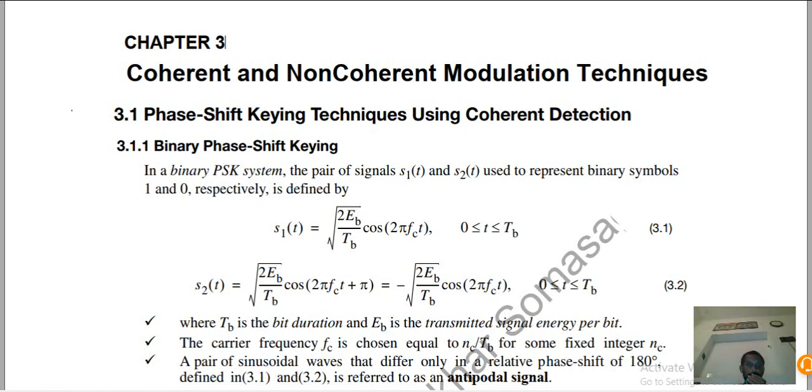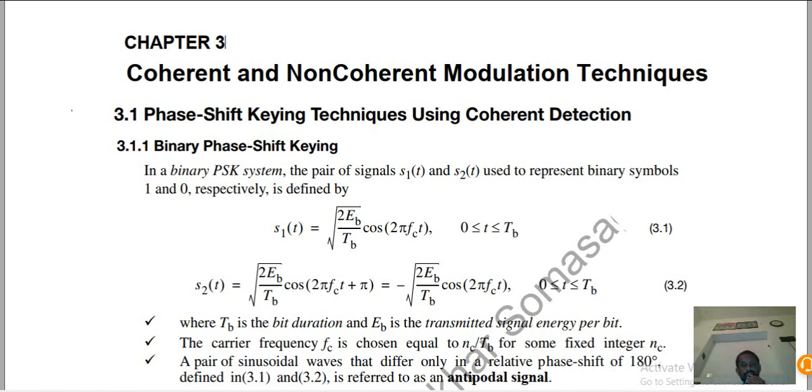In this case, TB is the bit duration, EB is the transmitted signal energy per bit, and FC is the carrier frequency, which is equal to NC by TB, where NC is some integer with respect to the carrier signal.